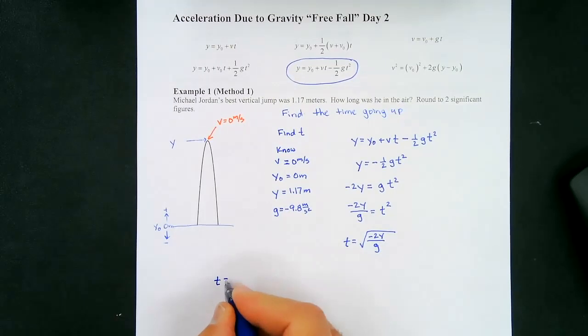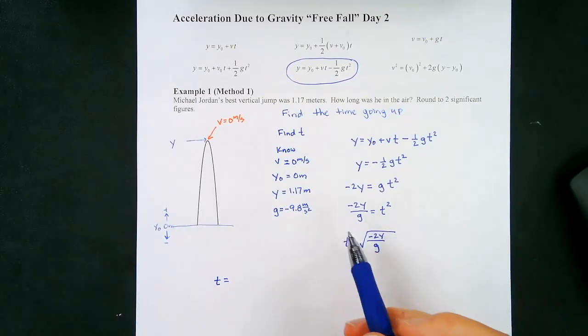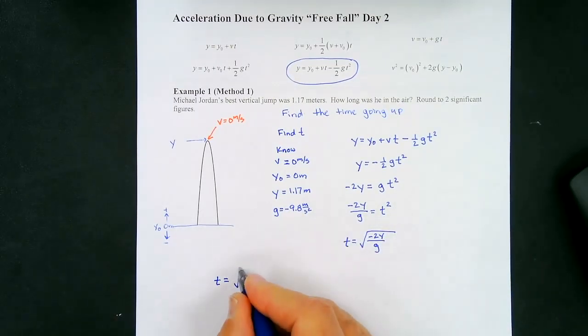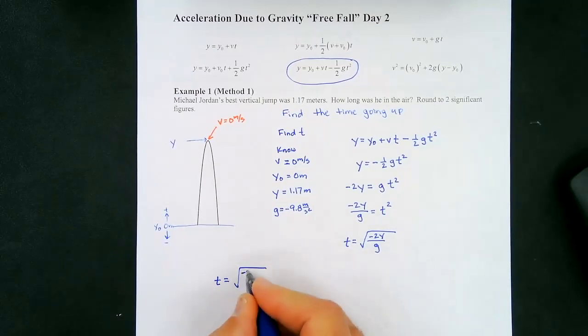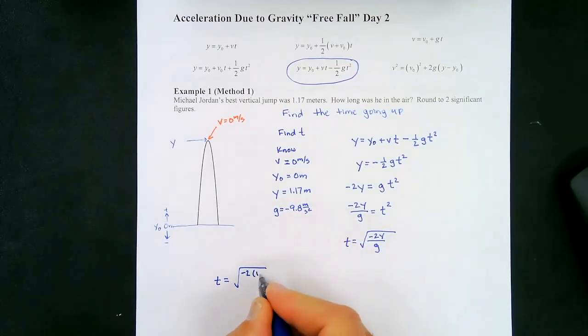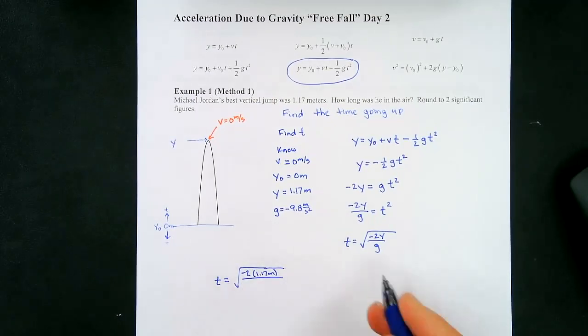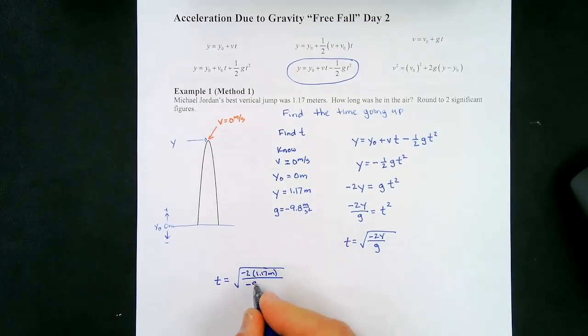For our problem, t is going to be the square root of -2 times y, so 1.17 meters, over g, which is negative 9.8 meters per second squared.